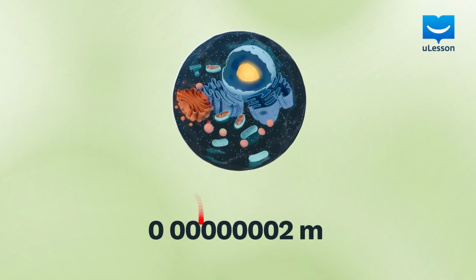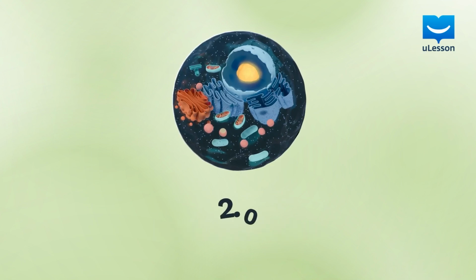1, 2, 3, 4, 5, 6, 7, 8. The number is now 2.0. In this case, because we moved the decimal point 8 steps to the right, we are going to multiply 2.0 by 10 raised to the power minus 8.